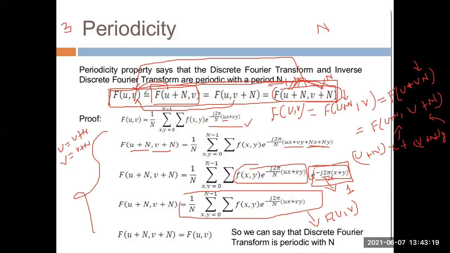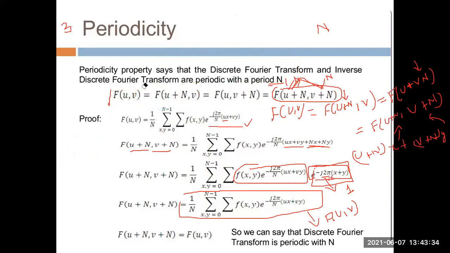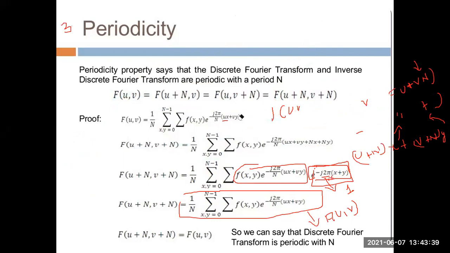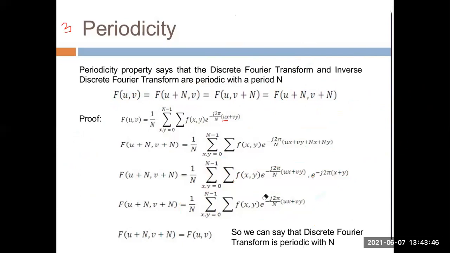This is the periodicity property of the Fourier transformation: it will not change if you translate or transform with respect to some period n.